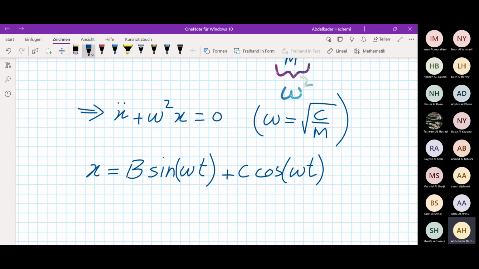Now, as we have done before, we only have to take the time derivative.